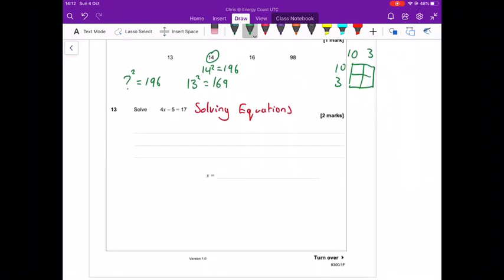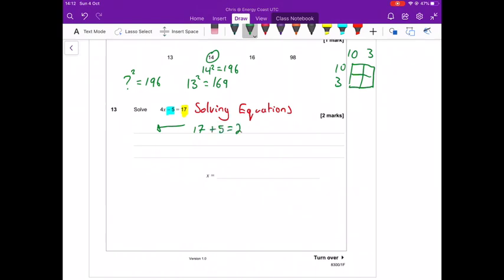And then solving equations, really important, okay? The best way to do this, I think, is you start on the right-hand side. I'm going to go right to left, doing opposites as I go. So the first thing says -5, so I'm going to do the opposite. So I'm going to start by doing 17. I'm going to do the opposite of -5.